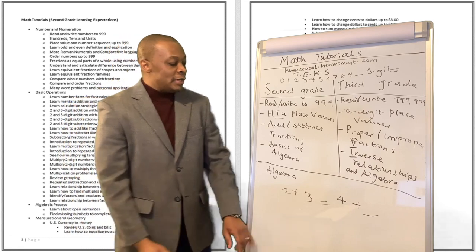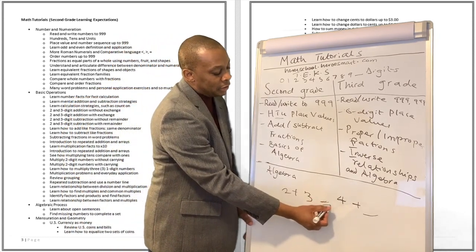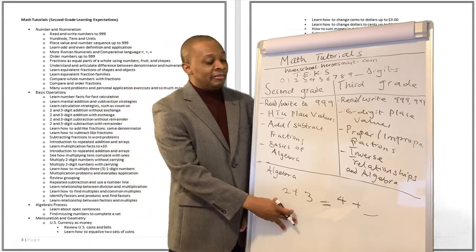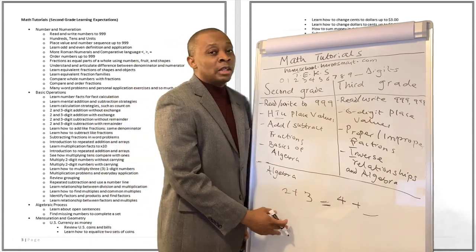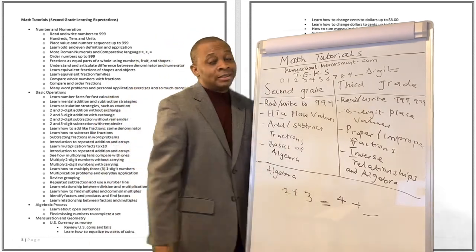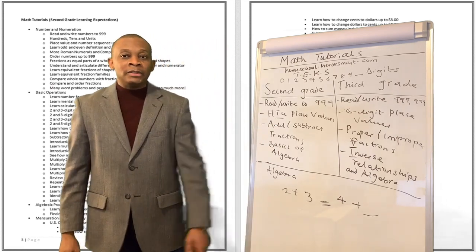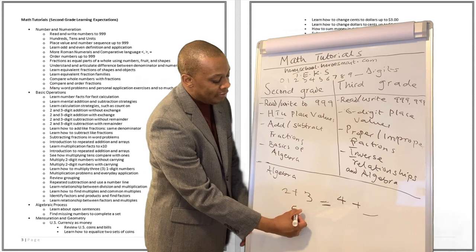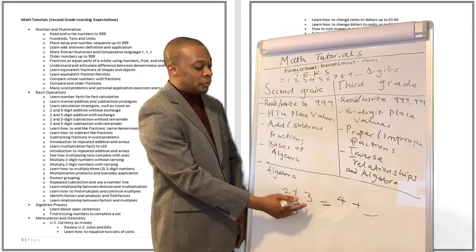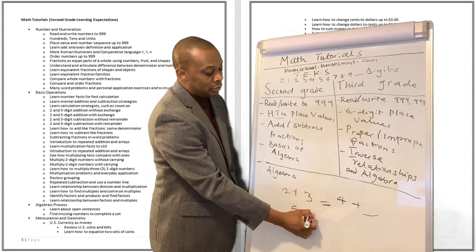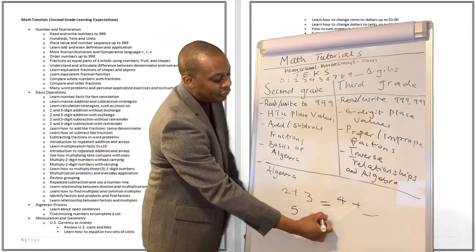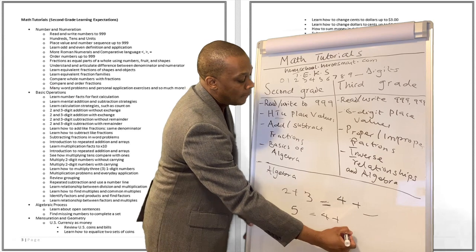Oh, well, I know this symbol over here is equal to, and what the symbol is telling me is the left side must be equal in value to the right side. That's what the symbol is telling me over there. So I know the left side is going to be equivalent to 5 because I said 2 plus 3 over here, 2 fingers, 3 fingers. Put it together. Well, that's going to be 5. It's going to be equivalent to 4 plus blank.